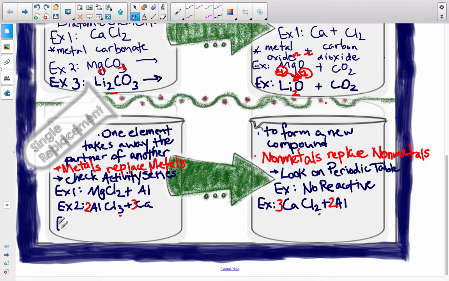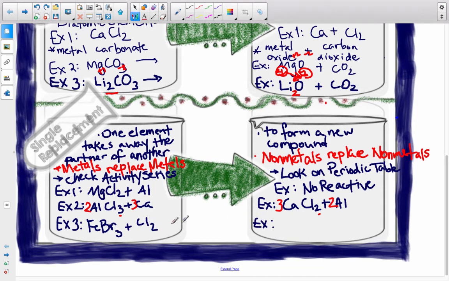Okay, one more example. Let's look at an example where we have the replacement of nonmetals. So let's suppose that iron 3 bromide is placed into a container with some chlorine gas. Remember, chlorine is diatomic, so it's not just Cl, it is Cl2.